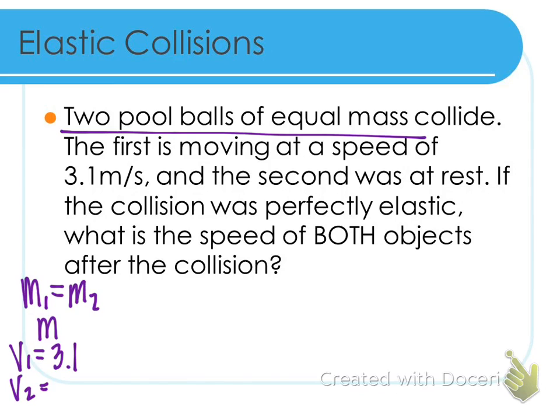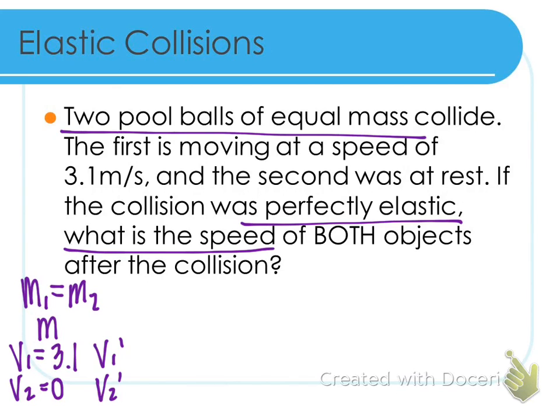V sub 2 initially was at rest. We want to solve for V sub 1 prime and V sub 2 prime. However, it tells us our collision was perfectly elastic. So we don't even have to do the math in this problem.